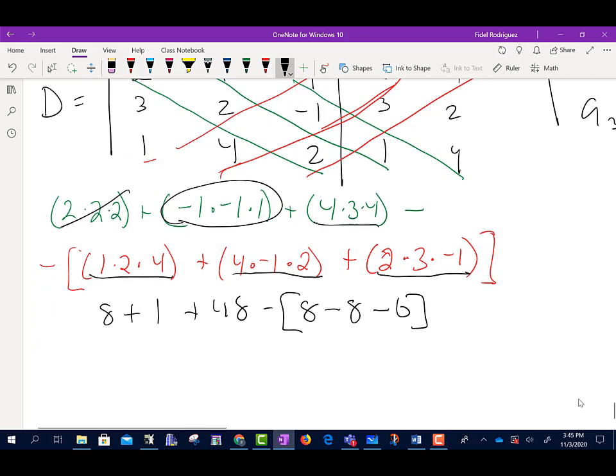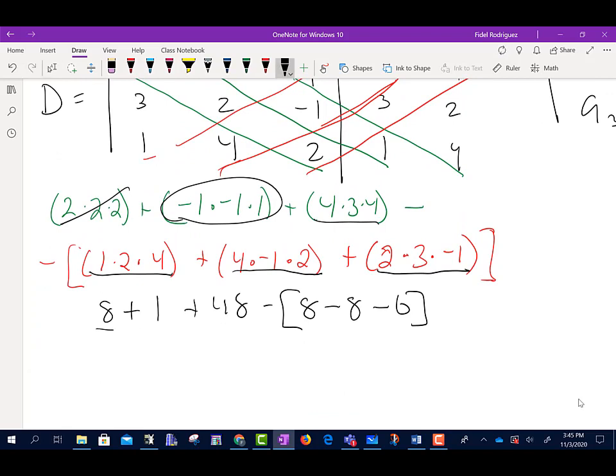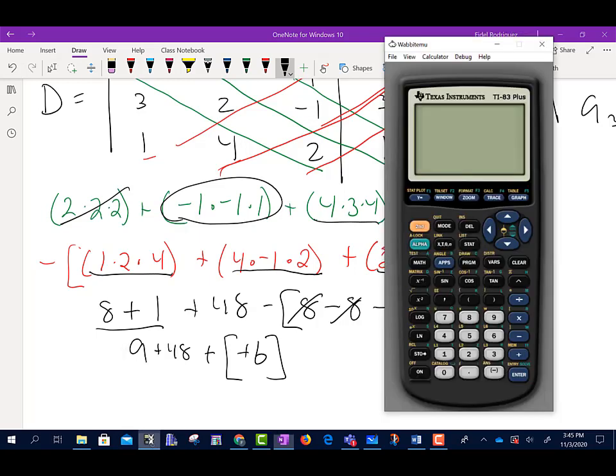Okay. So let's see. 8 and 1 is 9 plus 48 minus, those are going to cancel, a -6 here. So minus and minus is going to give me plus. So let me take my calculator and I'm just going to start adding these numbers up. So we have 9 plus 48 plus 6.